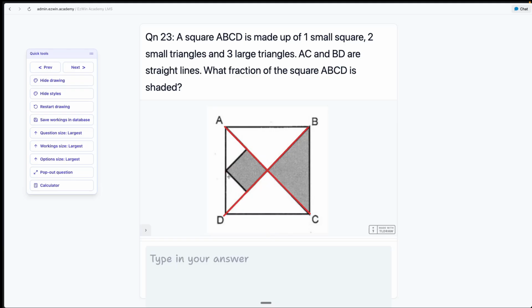So if we were to mimic the same, if I were to just draw it out, it looks something like this, right? Okay. And in this case over here, we will have four of the same triangles. So that means everything else will be divided by triangles.